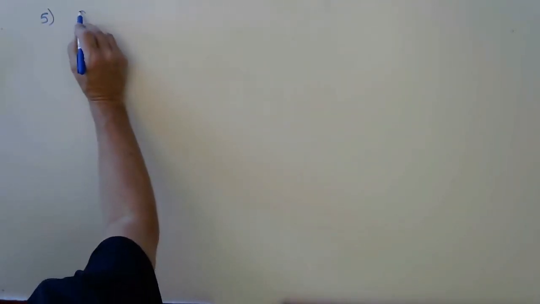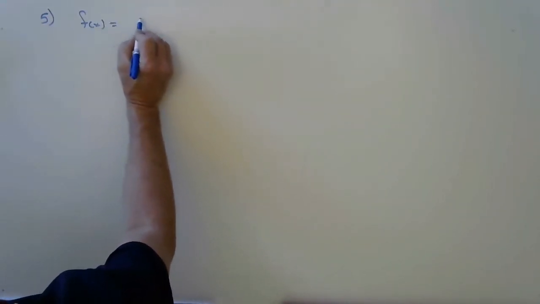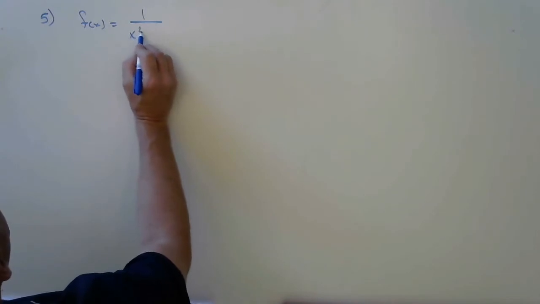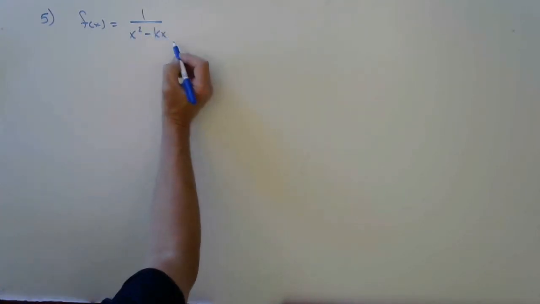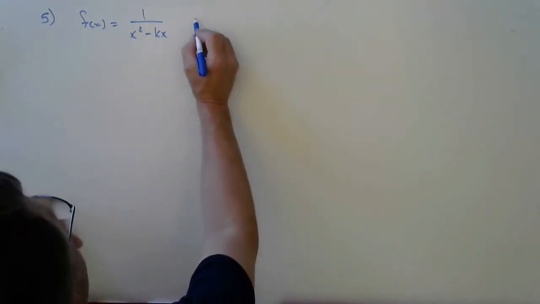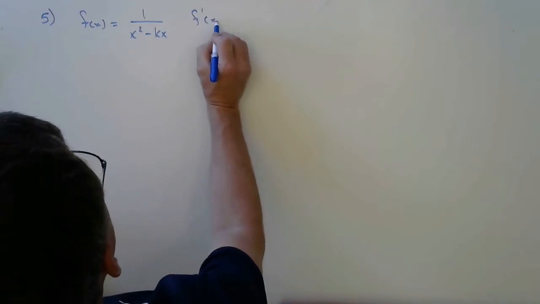So question 5 says, we're given a function f of x equals 1 over x squared minus k times x, and k is a non-zero constant. And then they give us the derivative of f of x.